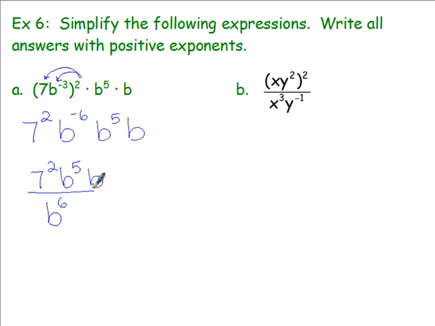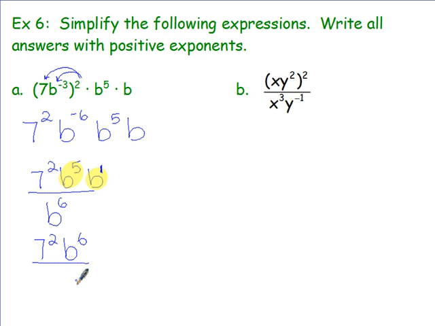Next question, do we have any like terms? Yes, we do. There are a pair of B's right there. People ask me, well, there's 3 B's, how do I know which ones to start with? I start with the ones that are side by side. To me, it makes it easier. So, not using this guy, he tags along. 5 B's plus 1 B makes 6 B's on the top.